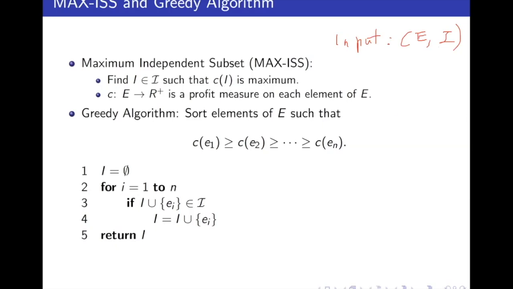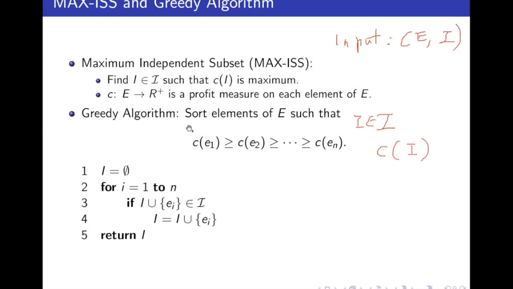This curly I has many subsets, and I want to find one, either with the largest number of elements in it, or under a certain measure C, I want this C of I to be maximized. C here is a profit measure. We may want to use P, but anyway, this is a profit measure.